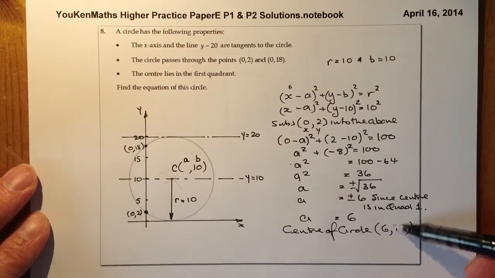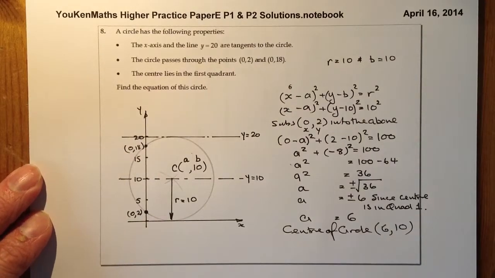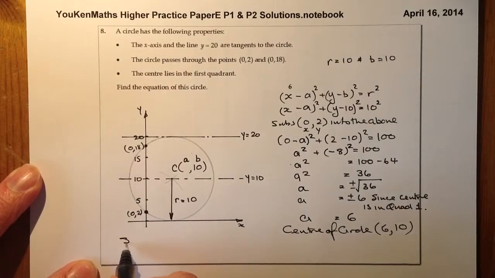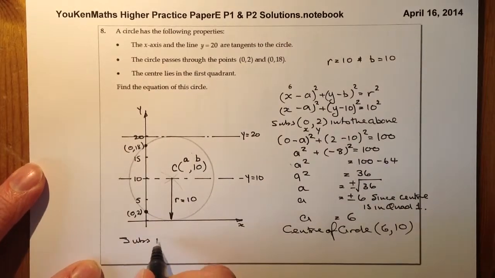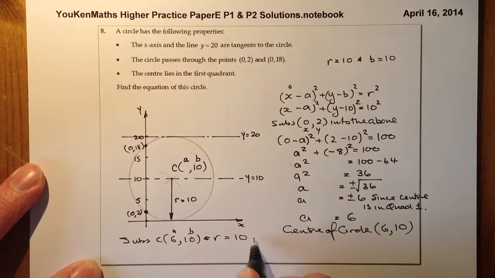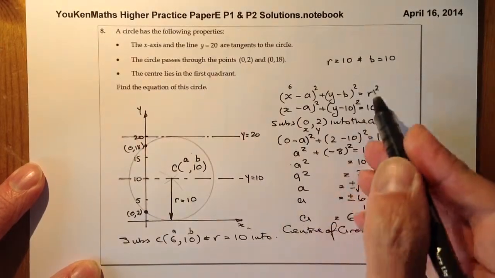So I've got the circle centre and I know the radius, and I'm just going to substitute them into the equation of a circle. I'll substitute the centre, which is (6, 10), and that's going to be my a value, my b, and the radius equal to 10 into that top equation.